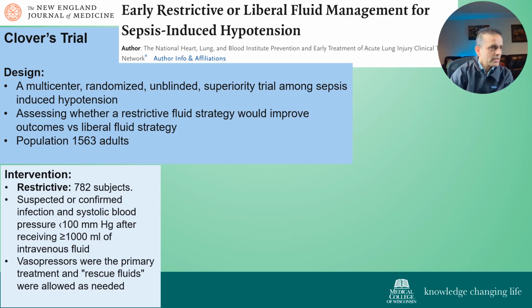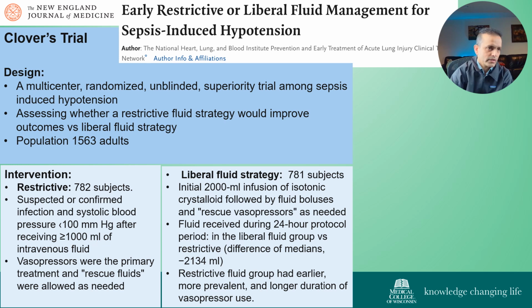In the restrictive arm, patients with suspected or confirmed infection and systolic blood pressure less than 100 after receiving 1 liter of fluid were kept there, and vasopressor was the primary therapy, and some rescue fluid was also given. On the other limb, liberal therapy, initial 2 liters, and then rescue vasopressors as needed.